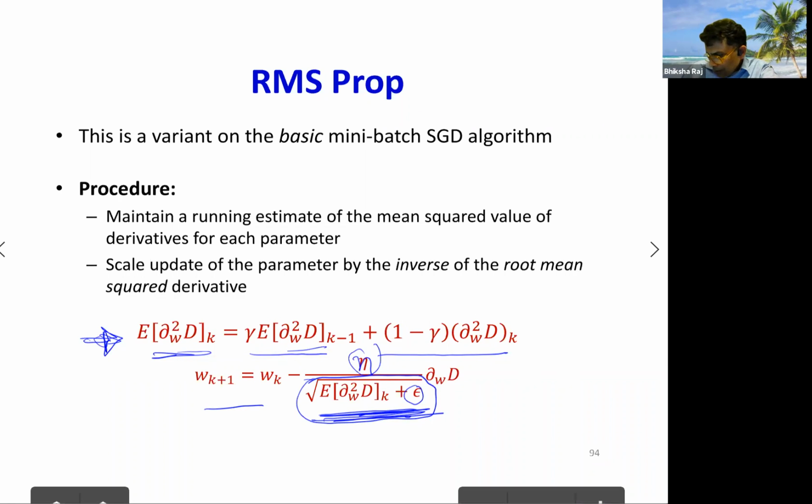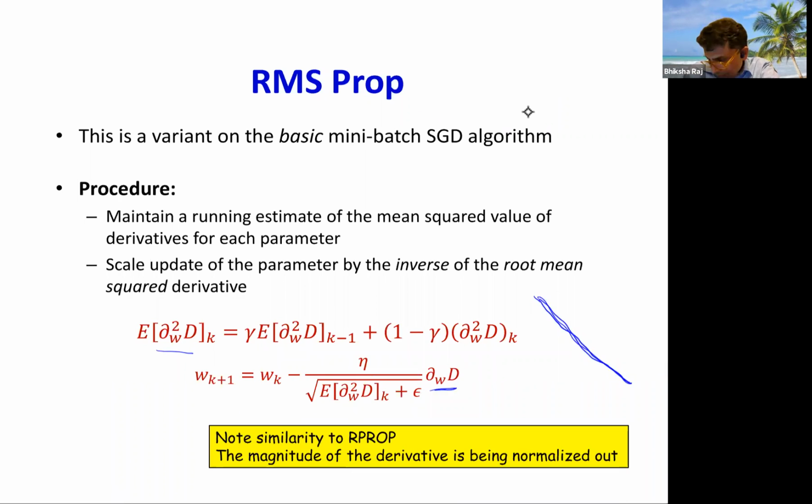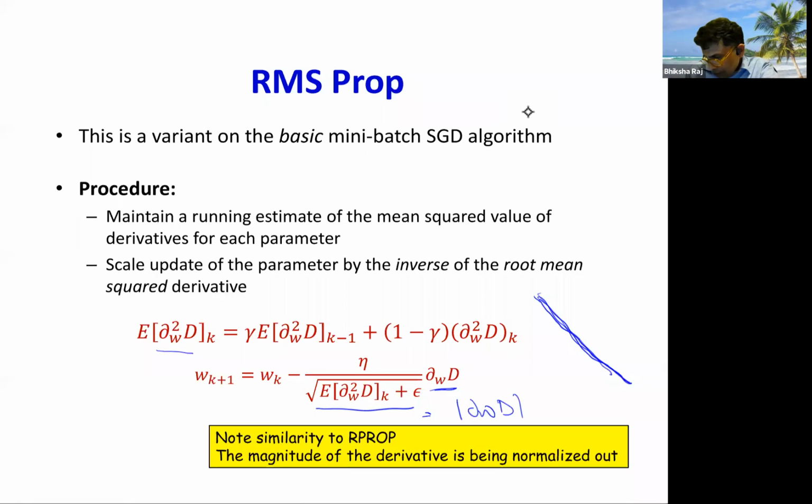So now observe how this is very similar to RProp. If your loss function has a constant slope, then the root mean squared value is going to be the same as the magnitude of the actual value itself. And so when you have a constant slope, this term is going to be the magnitude of the slope.